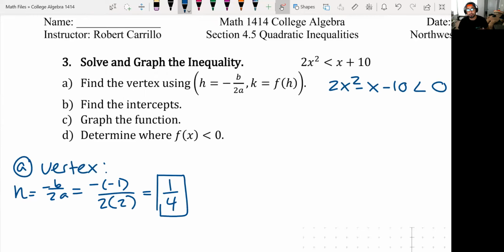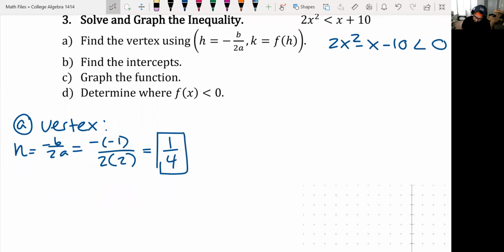There's the h value. Okay, and now we want the k value. So for k, we get f of 1/4 and plug it into the function above.